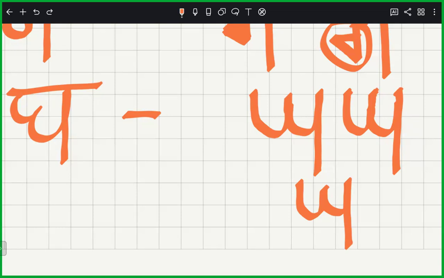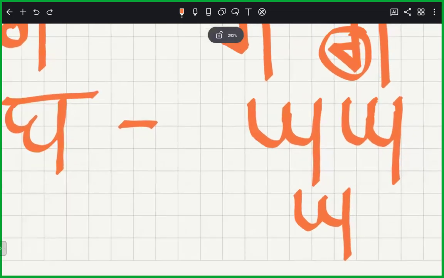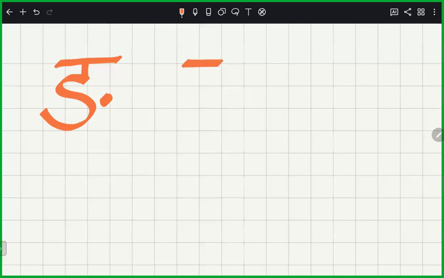And the last from this is Nga. The nasal Nga. Now here, first I draw the Shirorekha, then a smaller stroke here, then a little longer line like this, and towards the end of the Shirorekha, a very small triangle.